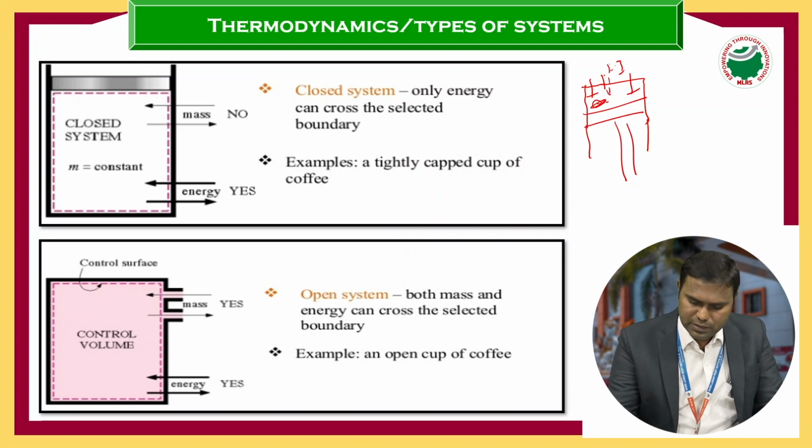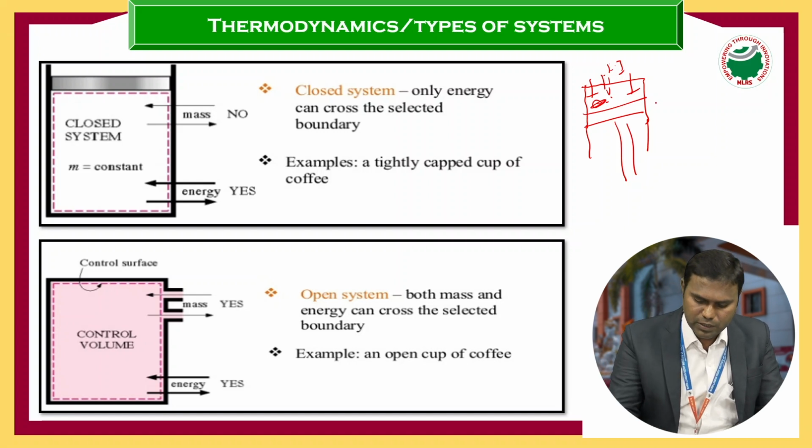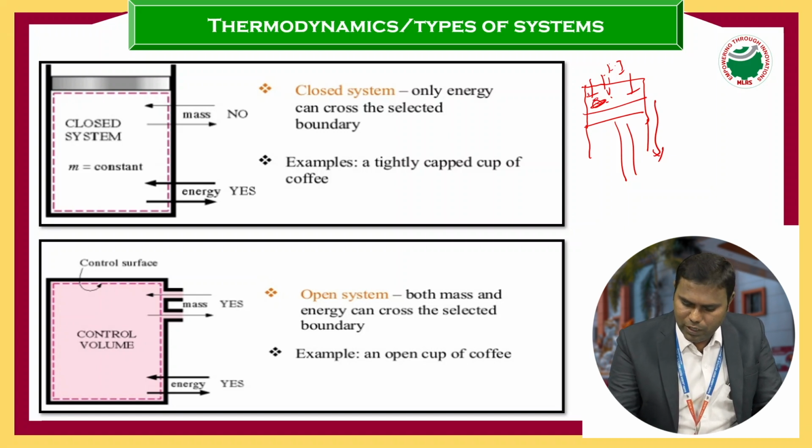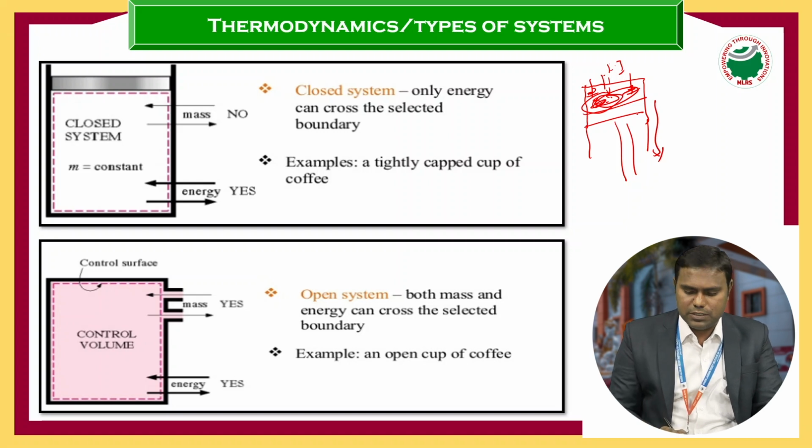Because of this heat energy, the piston moves in the downward direction. Here the mass of the fuel is fixed. If it is a closed system, it means we don't have any walls. The mass of the gas is fixed and the piston moves downward. So this is called a closed system.